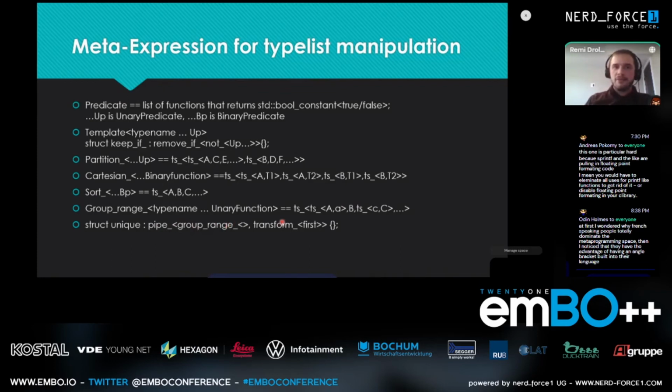And then I take the first for each group. So this will take the first A and just put it inside the list. And that's my implementation of unique. I'm quite proud of this one. It's quite good, I think.